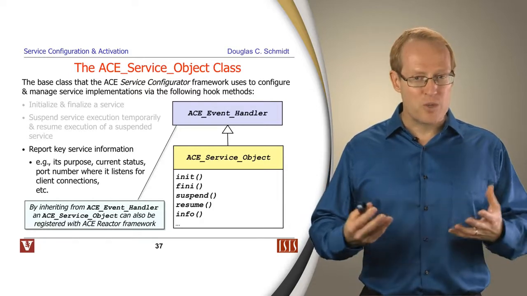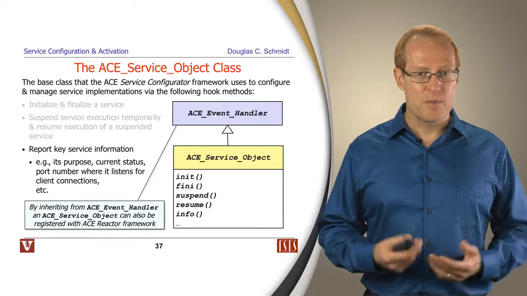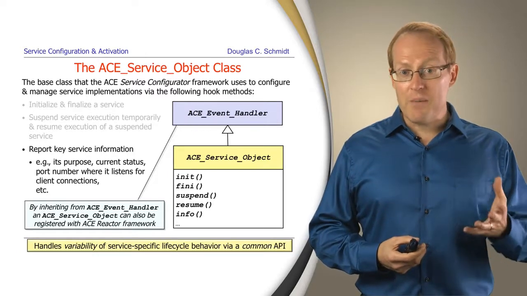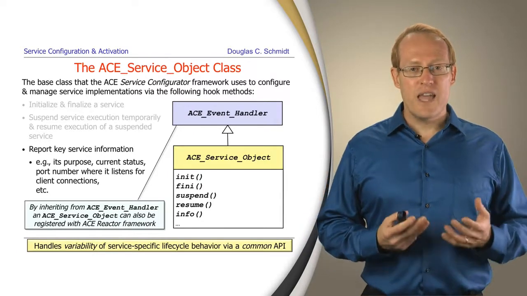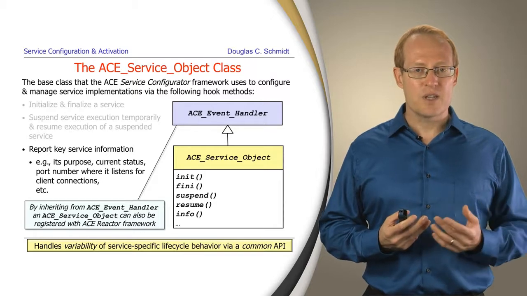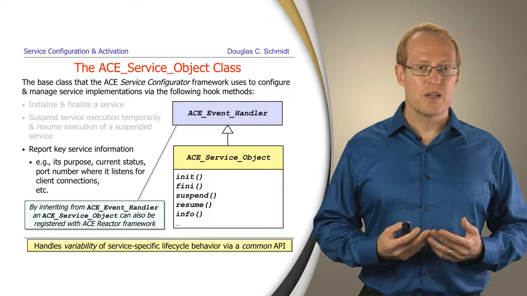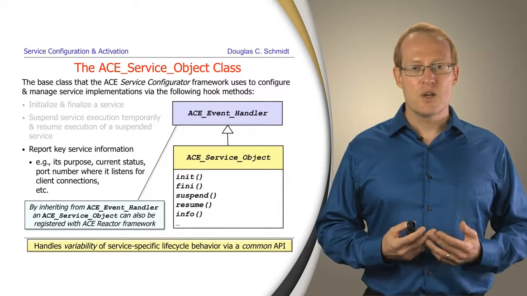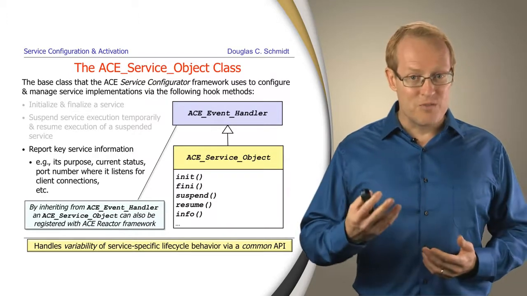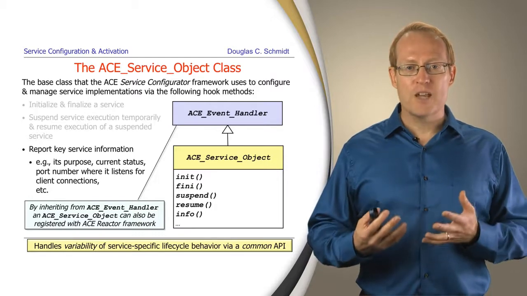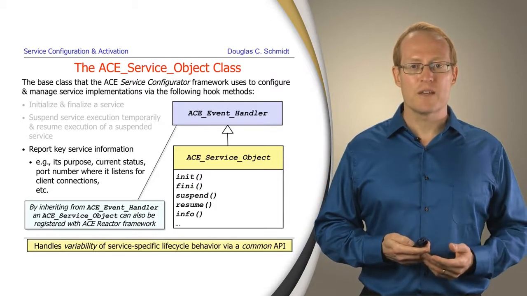So these frameworks work together to provide you with a number of capabilities. From a commonality and variability point of view, the ACE Service Object class allows us to handle the variability of lifecycle operations within a common interface. So we have these hook methods that may differ, but they're all managed in a common way, a common uniform interface.